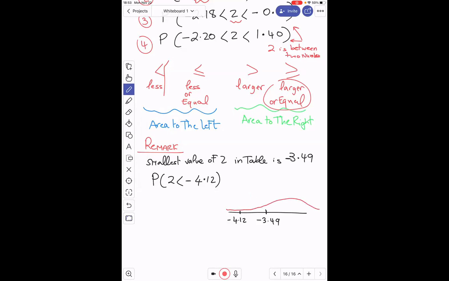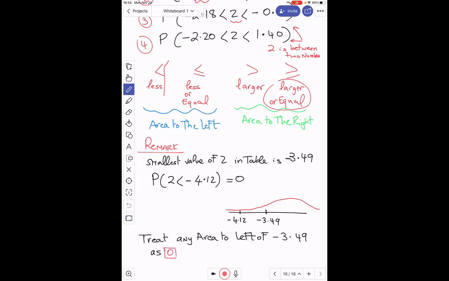All right. Anyway, if you have a value which is less than negative 3.49, then you can treat this number as just a zero. So this probability here is going to be zero. You can treat any area to the left of negative 3.49 as just zero.